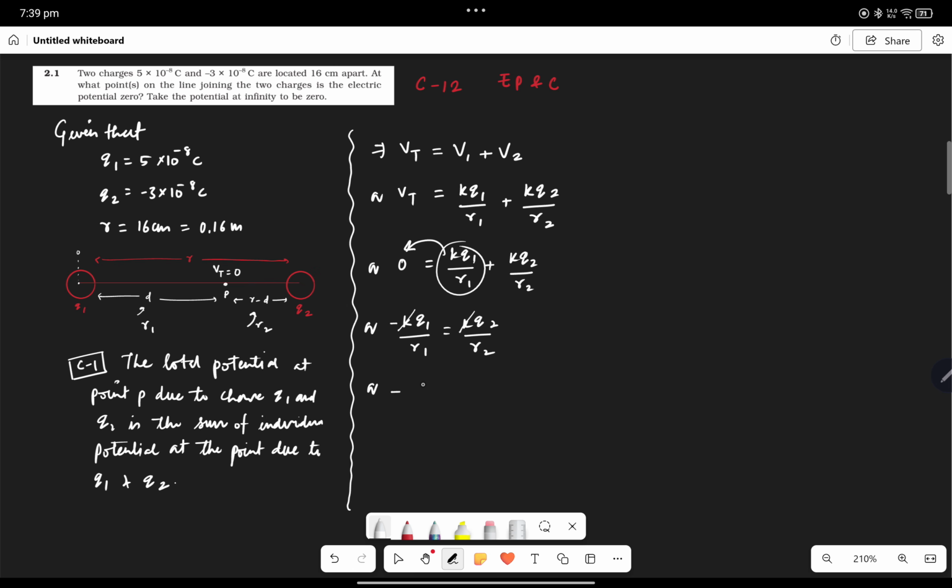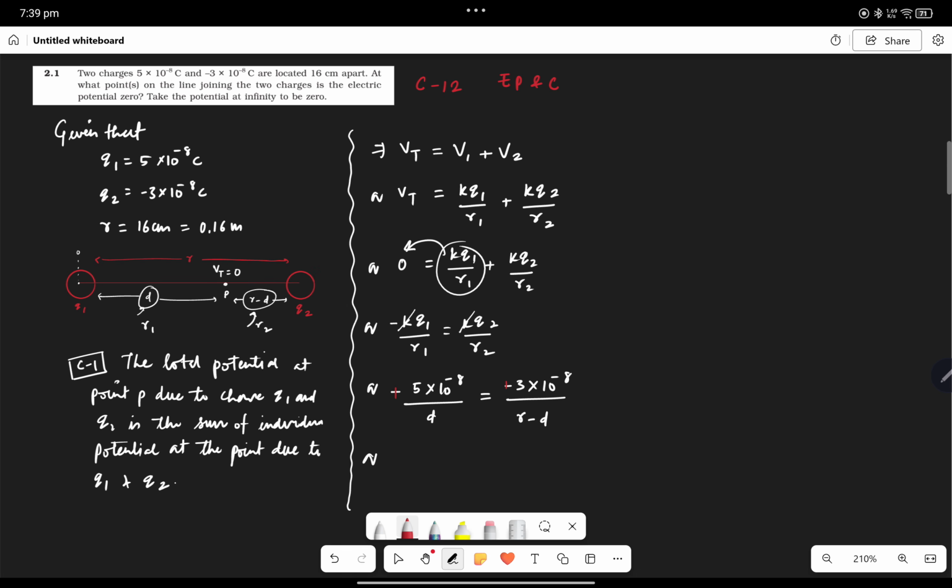Now putting in the values, q1 is 5 into 10 to the power minus 8 by R1, which is going to be d, is equal to q2, minus 3 into 10 to the power minus 8, by R2, which is r minus d. Okay, now eliminate the possible terms. So I am eliminating these with a red mark.